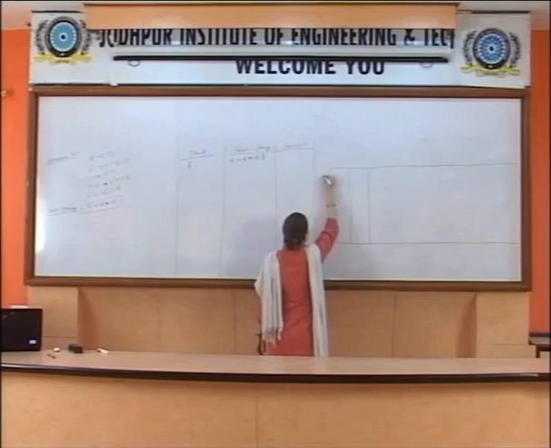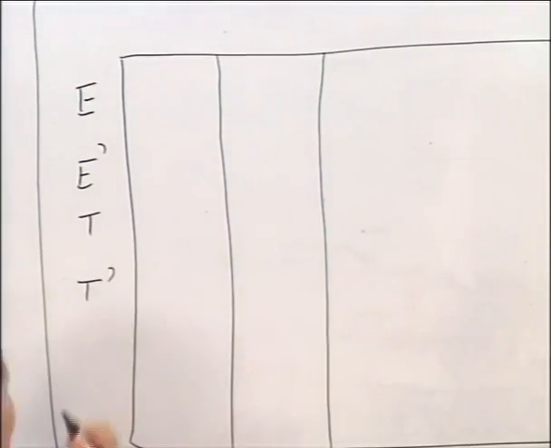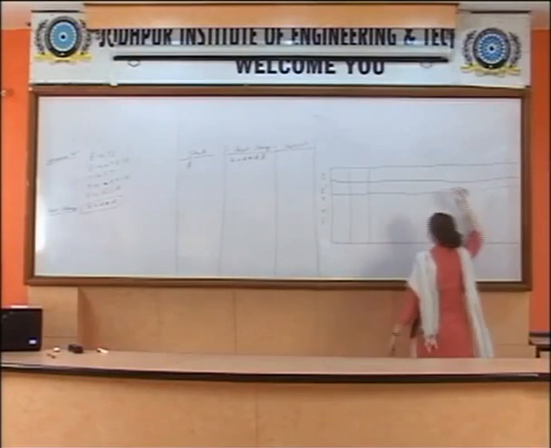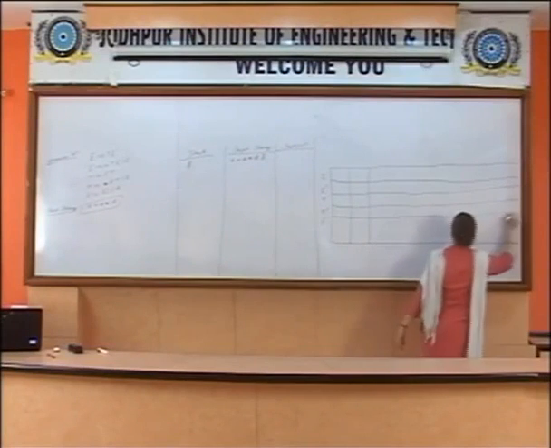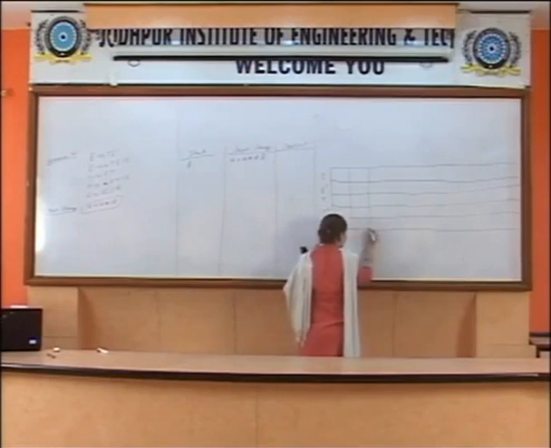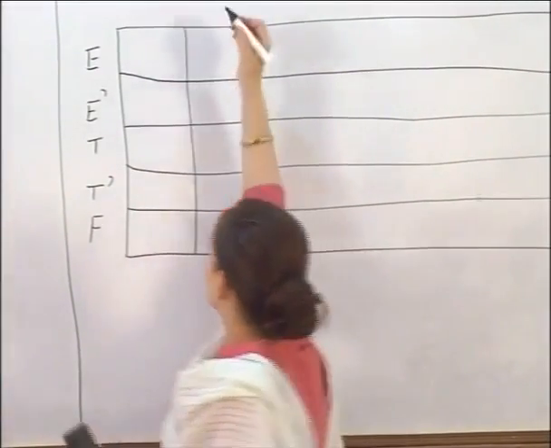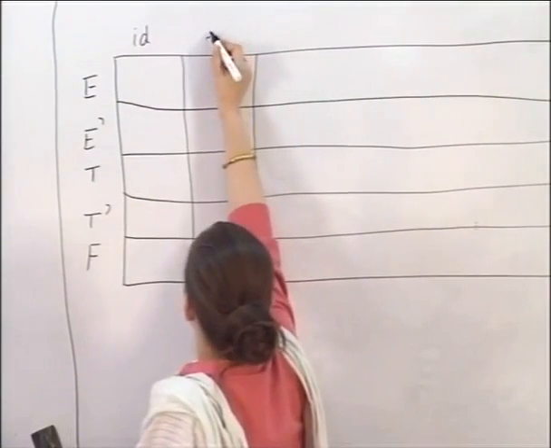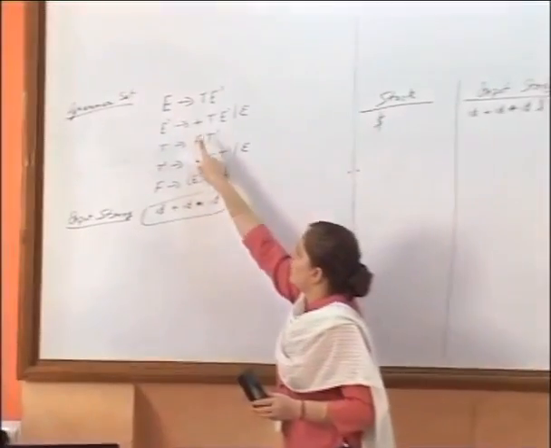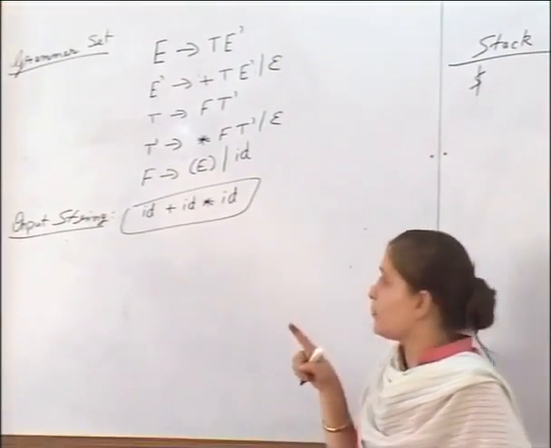That means capital E, then E dash, then T, T dash, and then F. This 2-dimensional array will contain the terminal symbols on the top of it, that is the second dimension: id, plus, multiplication, opening parenthesis, closing parenthesis, and then the null values and the end marker.